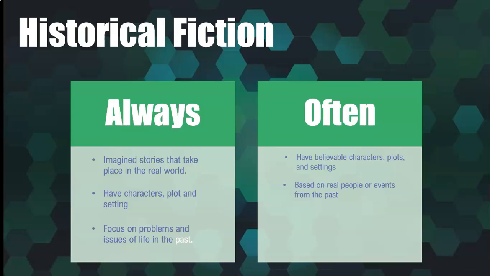Often, historical fiction stories are based on real people or events from the past, like our examples today of the Houdini box or Dad, Jackie, and Me. Those are based on real people. So those definitely qualify as historical fiction. Any of the I Survived series, boom, also qualifies because they are based on real people or events from the past.